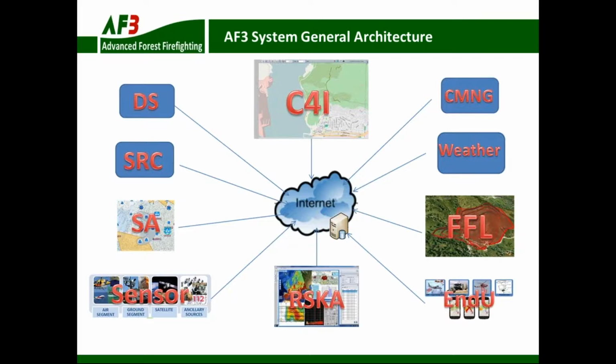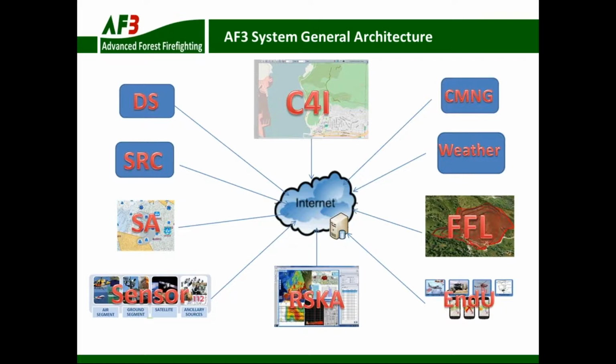So we can see here that we have the decision support subsystem, SRC, which gives us the satellite map data, risk data, and situation awareness that collects the data from all the end users and presents it to the C4I.